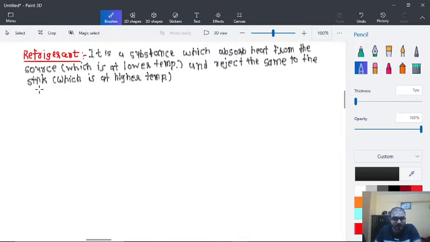And this absorption will be done either in form of latent heat or sensible heat.